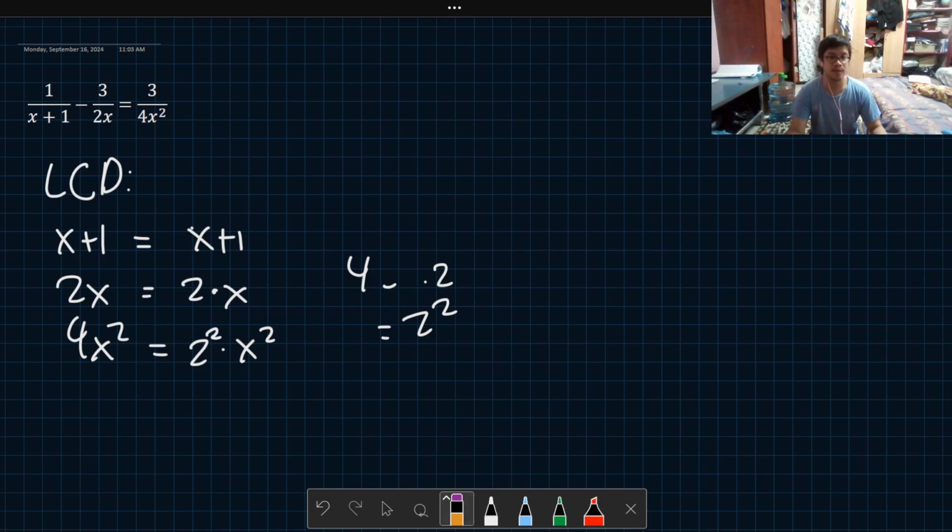Before we proceed to the next step, let me explain why we have x plus 1 only. If you have a denominator that consists of more than one term, like in this case where we have two terms, how are we going to factor them?